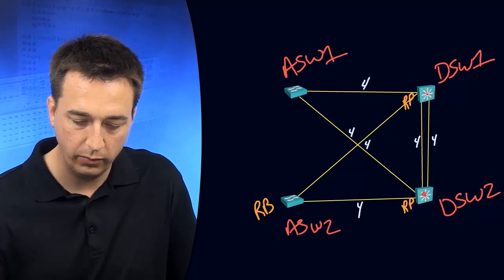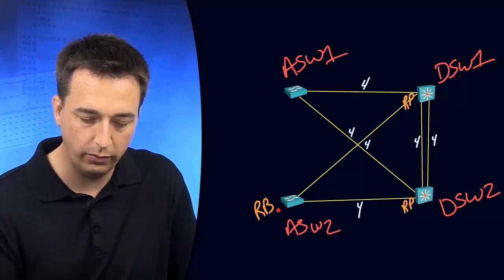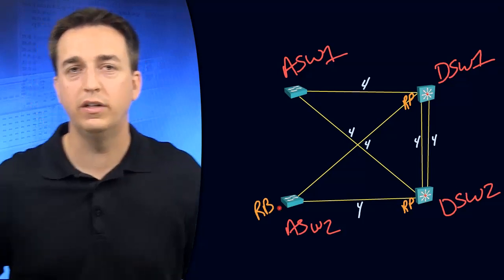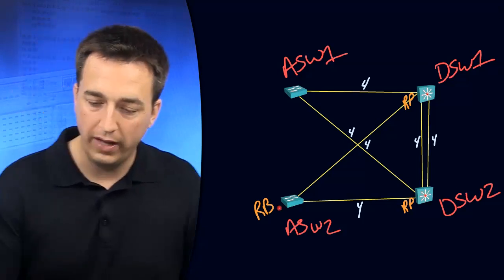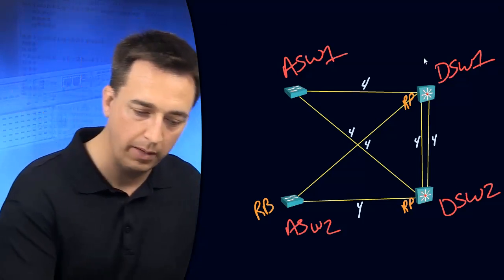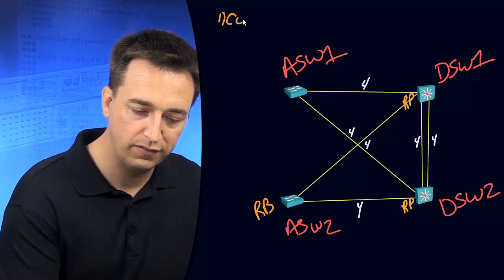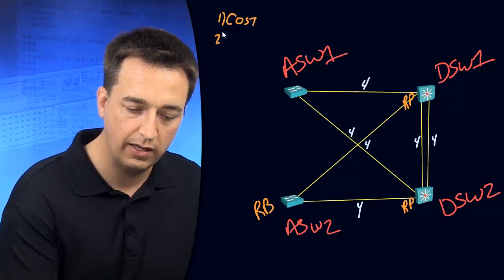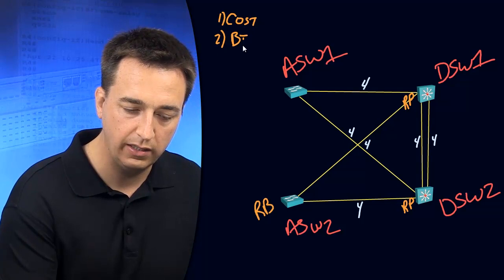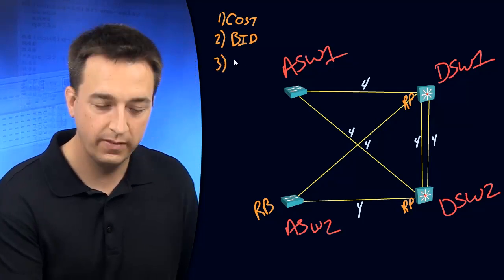Going to DSW2, then down to the root bridge, ASW2, is a cost of 8 as well. So we have a tie. And when we have a tie with cost, remember the steps: cost is first, second is bridge ID, and third is what? Port ID.